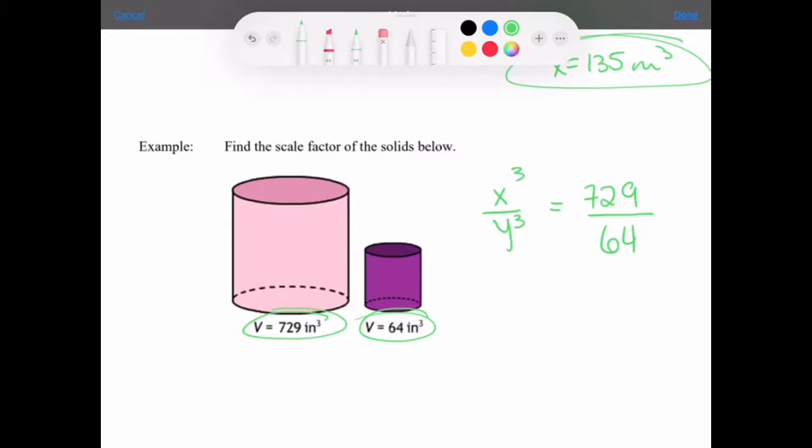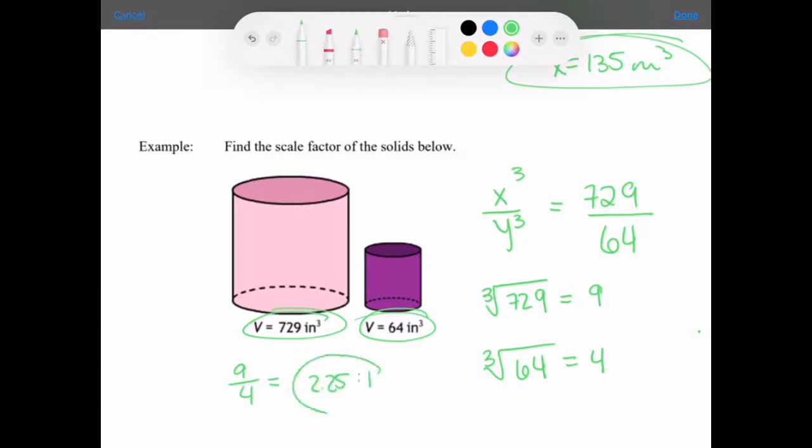So the cube root of 729 will give us 9, and the cube root of 64 will give us 4. So all we have to do is 9 over 4, and we get a scale factor of 2.25 to 1. My advice here is to be careful, take your time, and make sure you're cubing or squaring the correct thing.